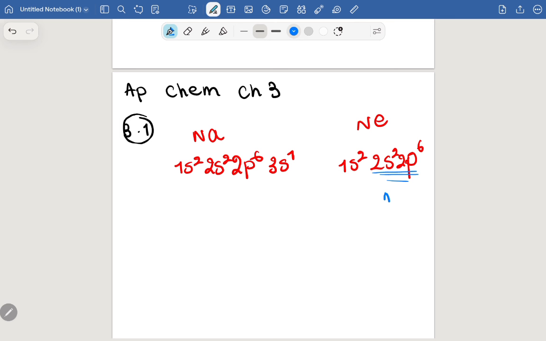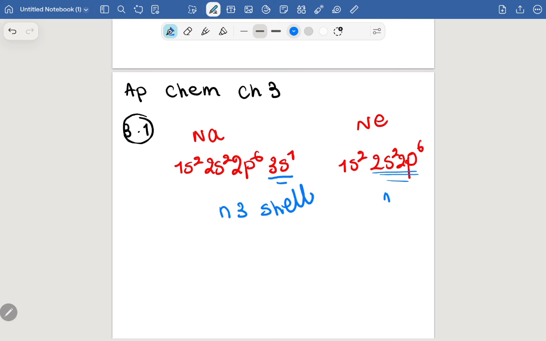Sodium, on the other hand, does not complete a full valence shell, because if you look at the very last s, 3s1, you will see that it did not complete the full n=3 shell.